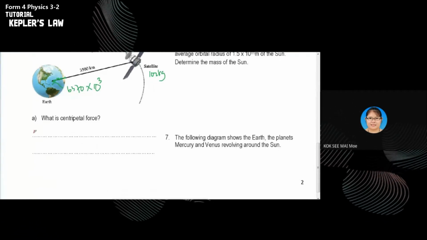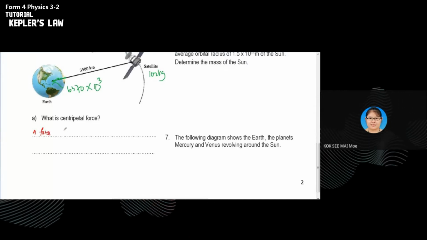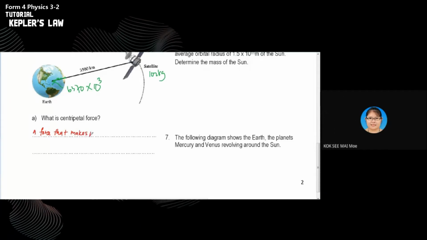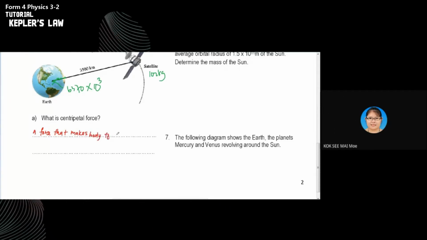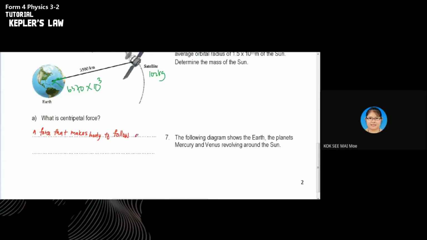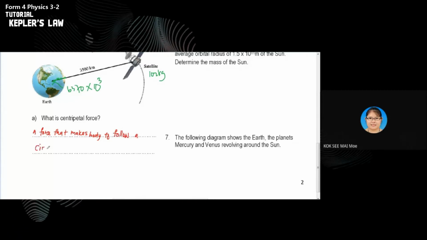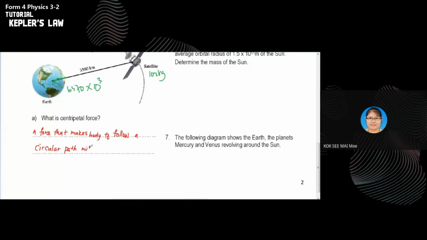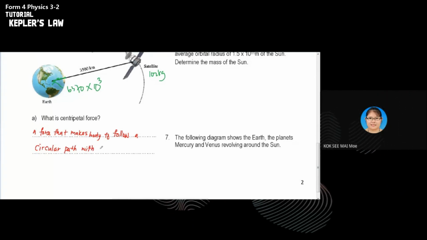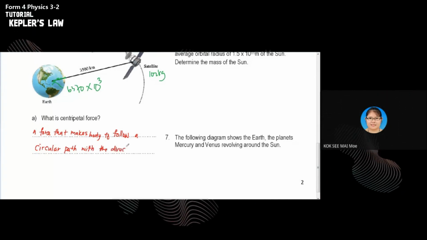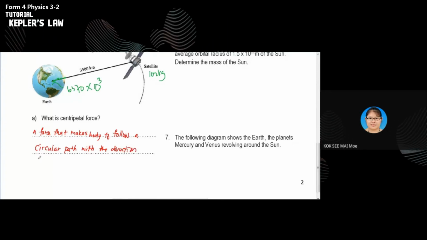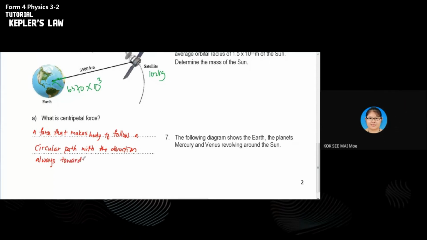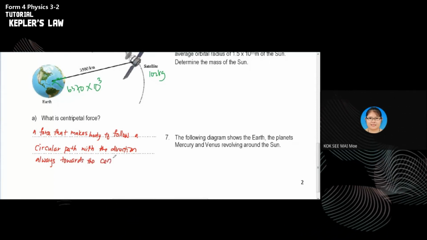Okay, centripetal force is a force that makes a body follow a circular path with the direction always towards the center of the Earth.